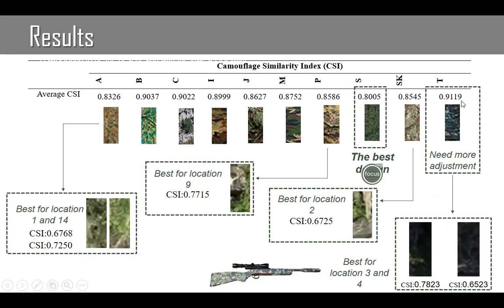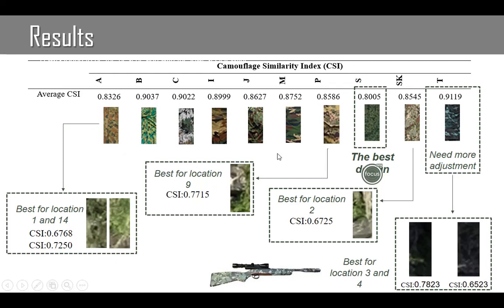So it could perhaps work in the evening. And SK is good for location 2, and then P is good for location 9, and then A is good for location 1 and also location 14. So although this is the lowest, other designs are good in several different locations.